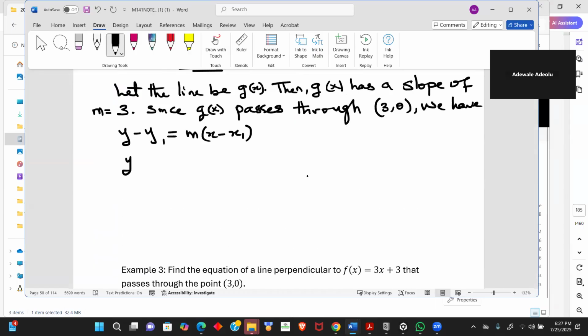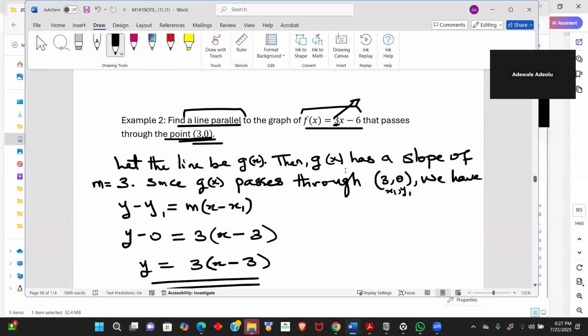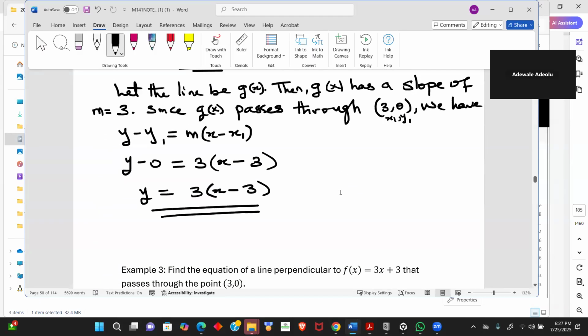So y minus y1, where y1 is 0 and x1 is 3. So y minus 0 equals m, our m is 3, times x minus x1, which is 3. Guys, we are done. So y equals 3 times x minus 3. Answer. Are we asked to write it in slope-intercept form or whatever? We are not, so we can just leave it that way.